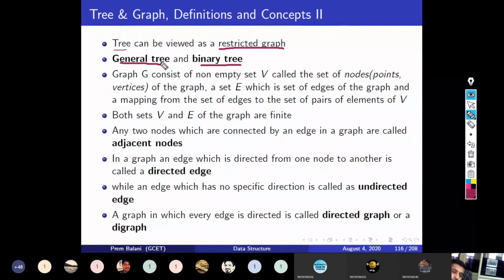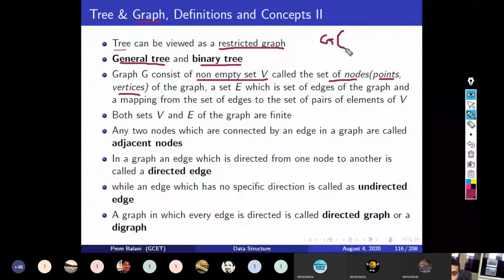to understand the tree, we need to understand the terminology of graph, right? So the very famous definition of graph is: graph G consists of a non-empty set V called the set of nodes, or also called points, or also called vertices, right? So graph G is denoted by G and a set of nodes or vertices and the set of edges.